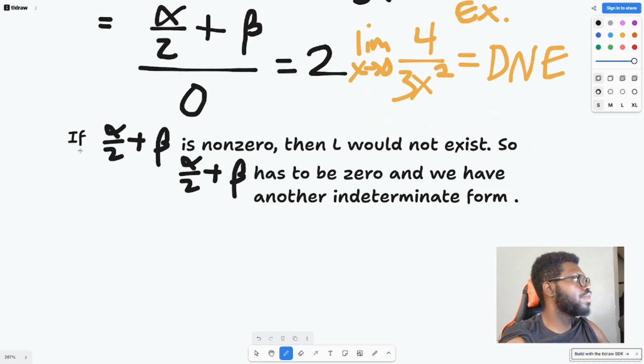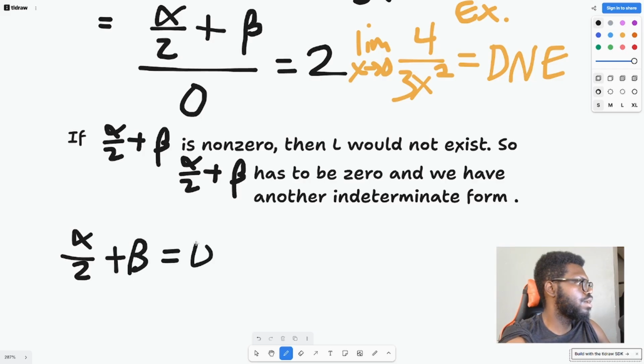I wrote here, if alpha over 2 plus beta is non-zero, then L would not exist. So alpha over 2 plus beta has to be 0, and we have another indeterminate form. Now this tells us two key pieces of information that will allow us to continue in this problem. And that is that alpha over 2 plus beta is equal to 0.